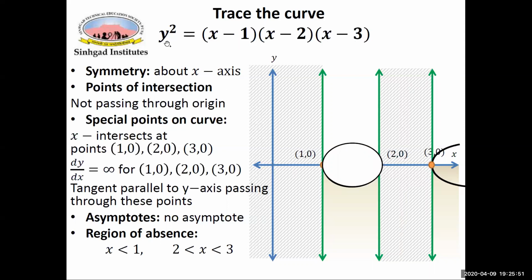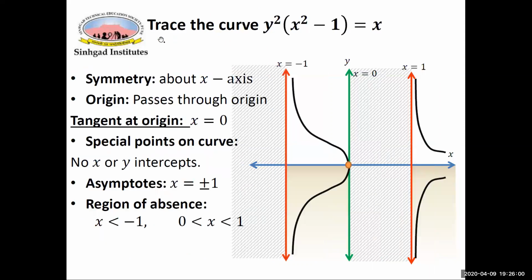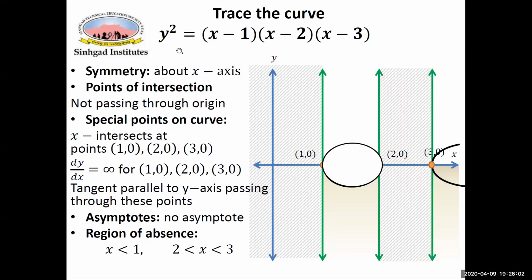Now we have to find points of intersection with the coordinate axes. Since symmetric to the x-axis, put y equal to 0. When I substitute y equal to 0, I get x equal to 1, x equal to 2, x equal to 3. Hence, my intercepts with the x-axis are (1, 0), (2, 0), (3, 0).